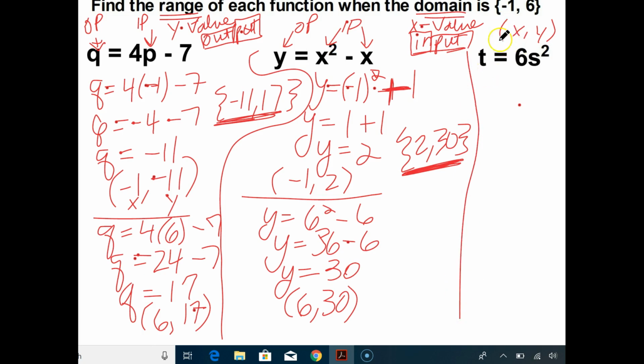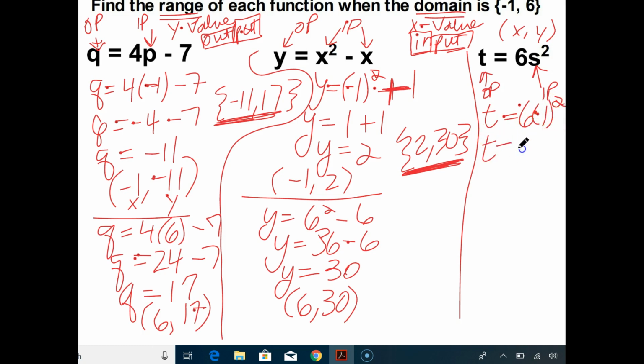All right, so T is equal to 6 times (-1) squared. All right, whatever. It's a -1. Order of operations says square this first.